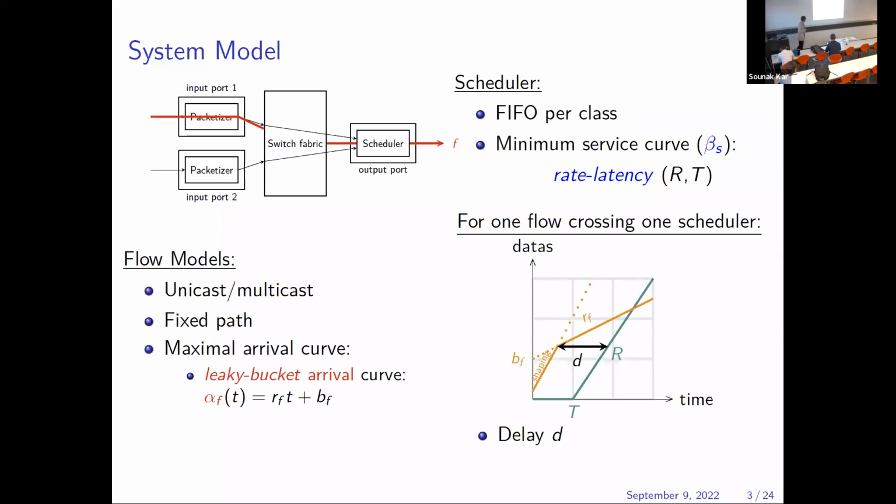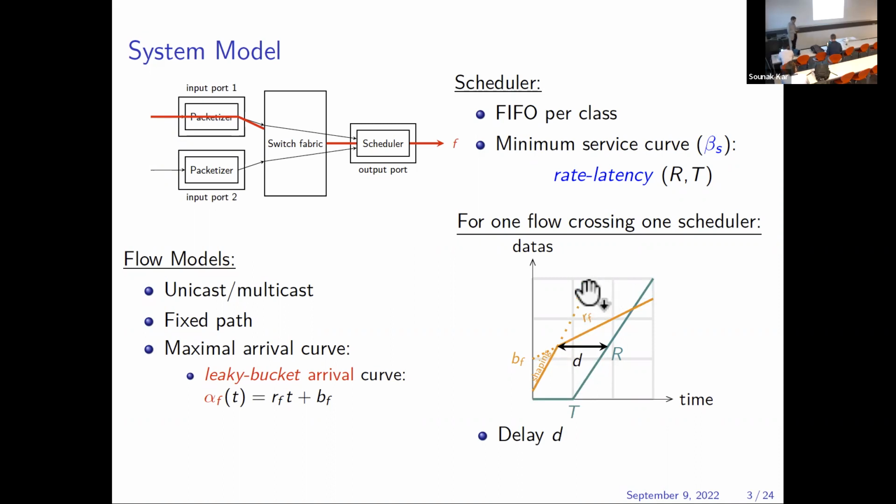We assume that each scheduler has a minimum service curve, which is rate latency. For the flow model, flows are unicast or multiclass, and we assume that they have a fixed path, and the traffic at the source is constrained by a leaky bucket arrival curve, with rate R and burstiness B. If we want to compute a worst case bound on the delay for one flow at one server, it corresponds to the maximal deviation between the arrival curve in yellow and the service curve in red.